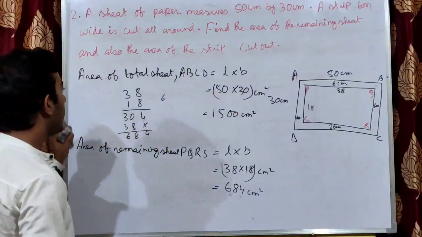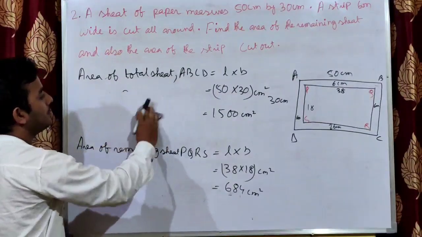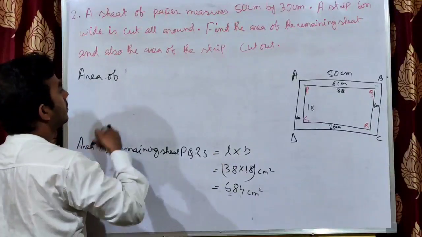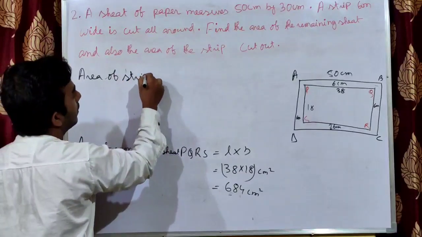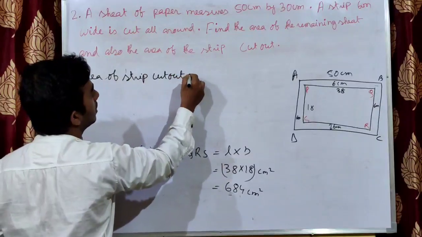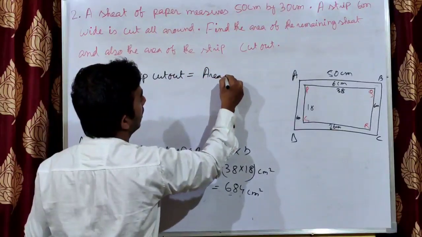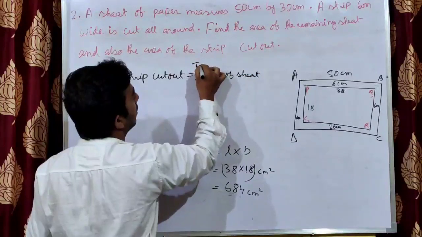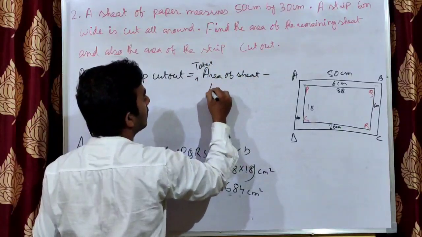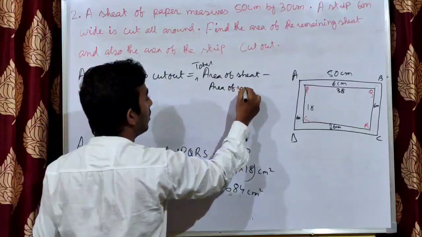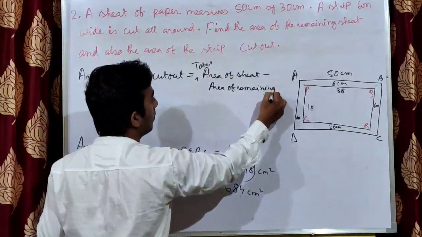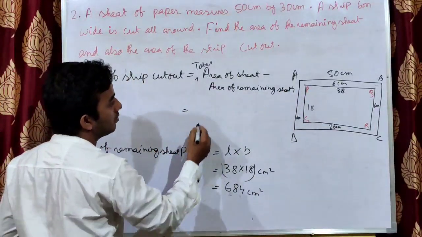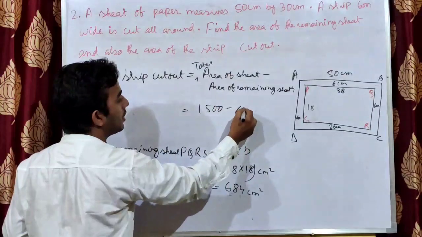So next we will write area of strip cut out equals total area of sheet minus area of remaining sheet. So total area was 1500 minus 684.